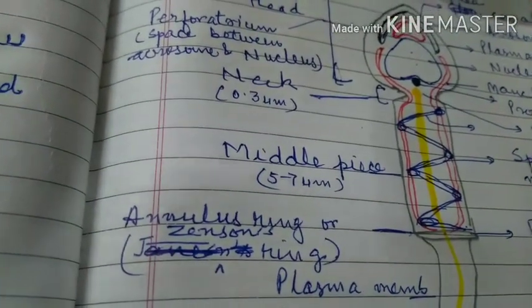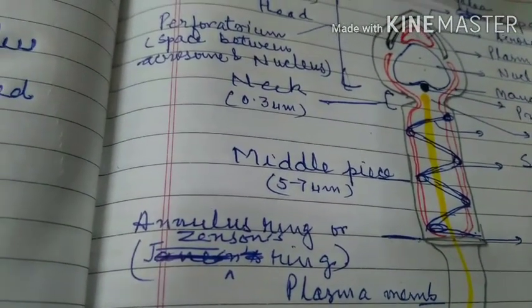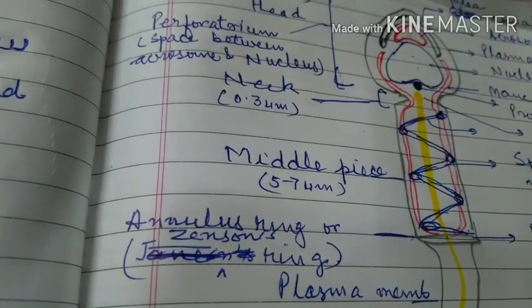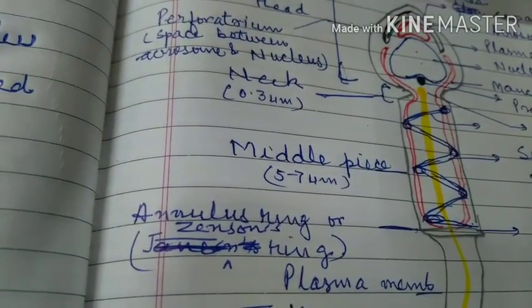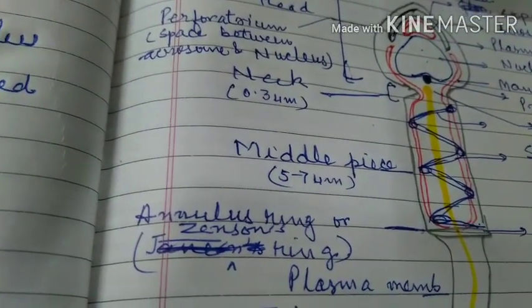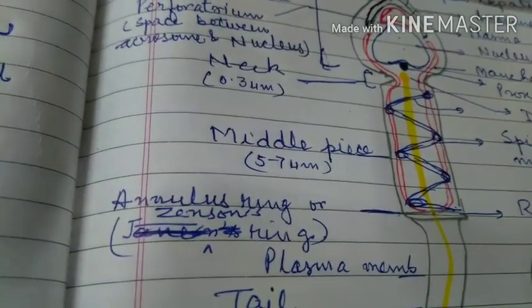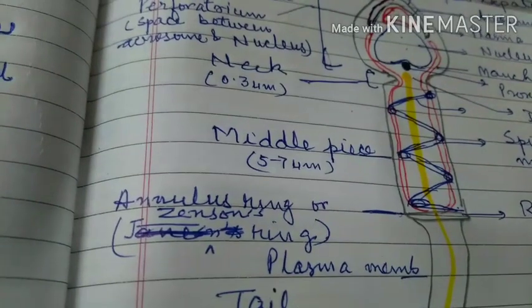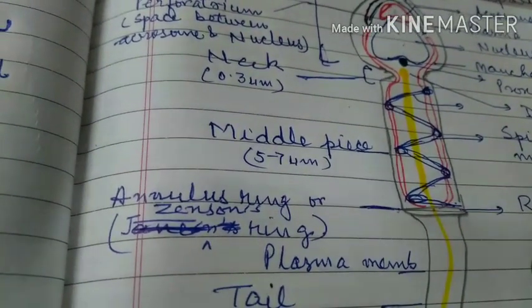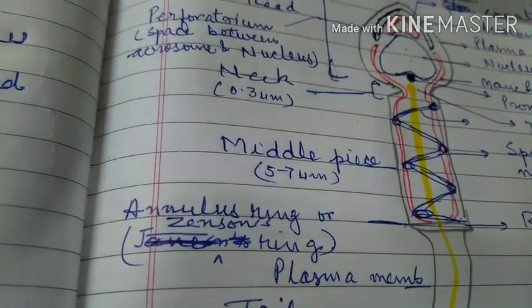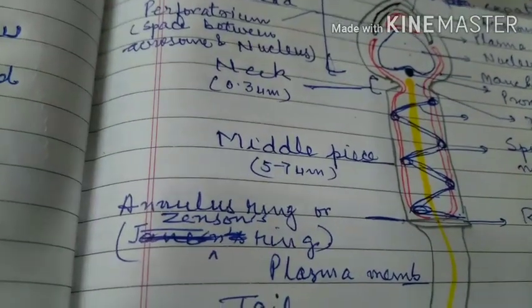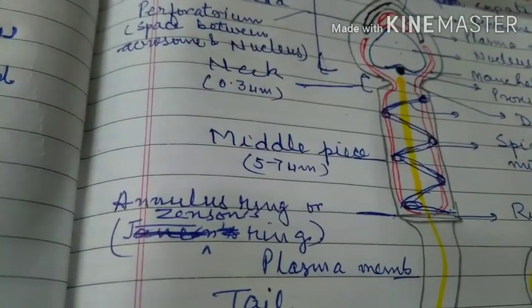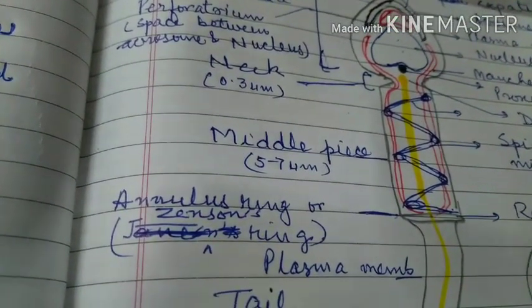If in 1 ml the sperm count is below 20 million, then it is considered oligospermia. In semen, 60% of the sperms are morphologically fit and they can move, and around 40% of the sperm have great motility.